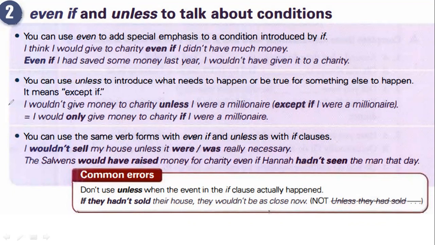Examples. I wouldn't give money to charity unless I were a millionaire. So that means that I wouldn't give money to charity, but I would give money to charity if I were a millionaire. I would only give money to charity if I were a millionaire.